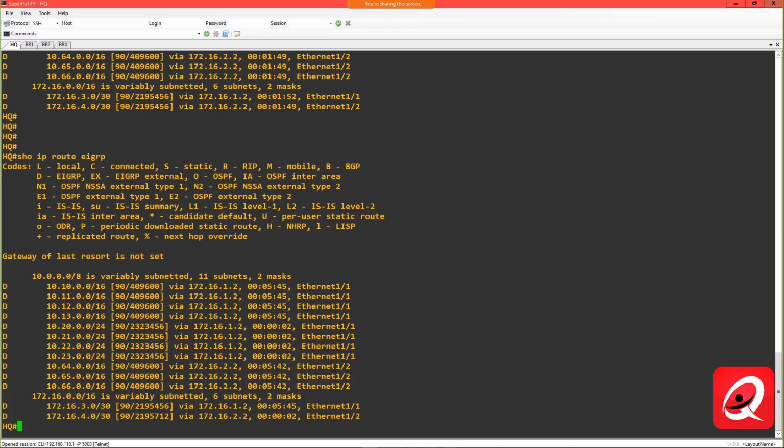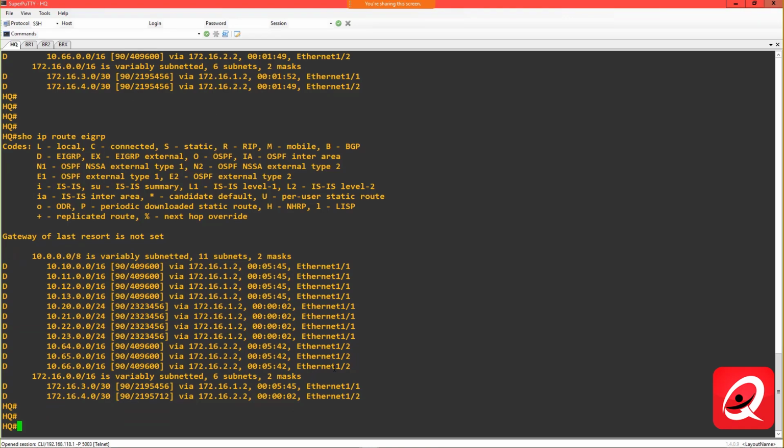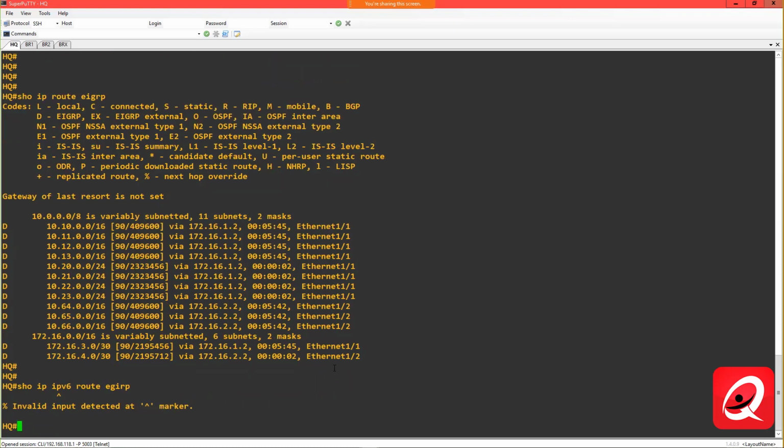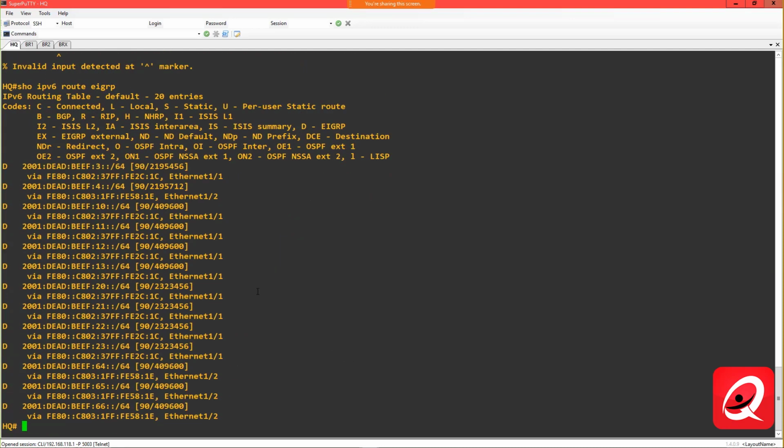By setting the delay on the interface, that affects both IPv4 and IPv6. So if I do a show ipv6 route eigrp, I should see the same thing. The next hop should be .2 for a lot of these subnets or these prefixes.